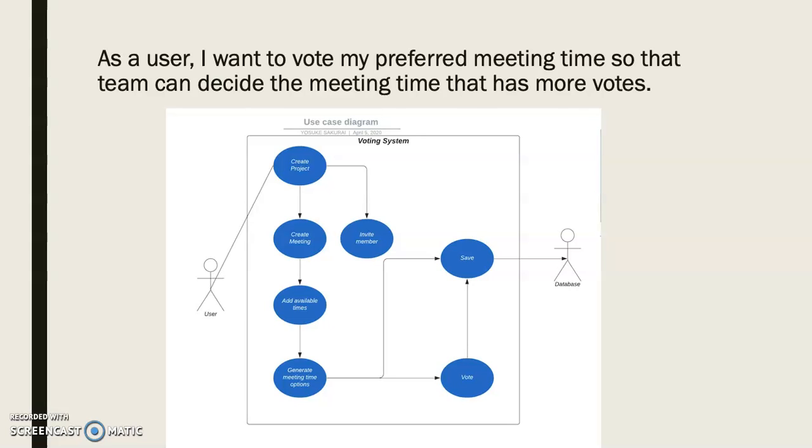Like I showed in the previous slides, it calls the function generate meeting time options, generating meeting times based on the input of team members' available times. It displays the meeting time options, and users can vote. Finally, the user can vote on those, and it saves to the database through the model.